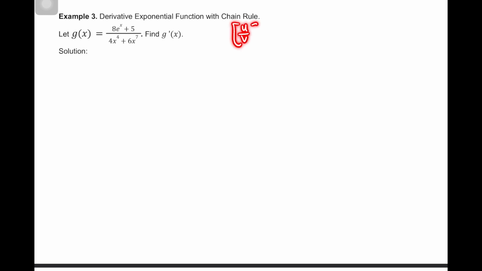So if we think about the quotient rule, it is u prime times v minus u times v prime all over v squared, right? And so we're going to follow that in this example.